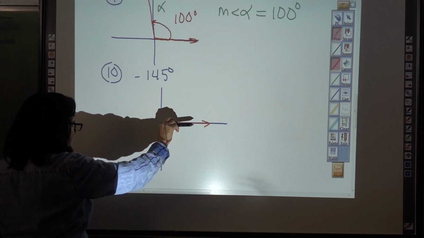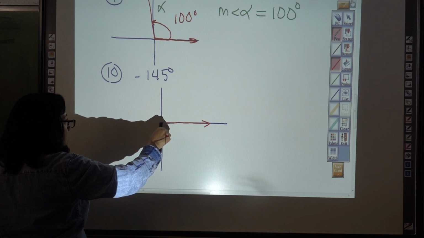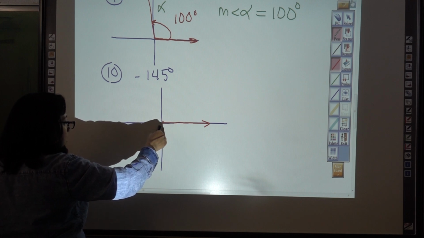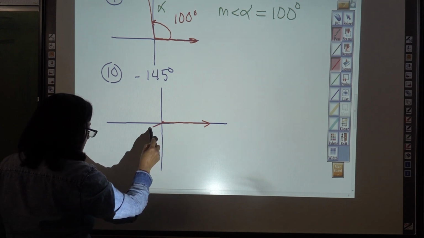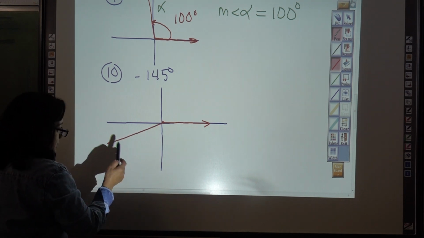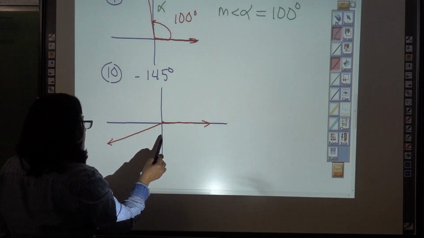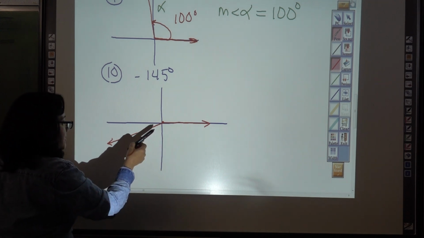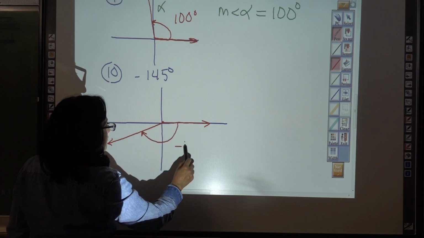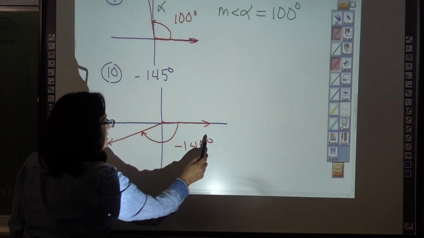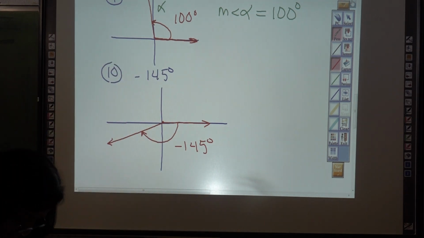Going here is 145 in this direction. This is 90, and we need 145 more. Like, let's say, right there. 90 plus 45 will be 135 and 10 more. So it's all this. This is negative 145 degrees, or you can use the previous notation. It depends how you want to do it.